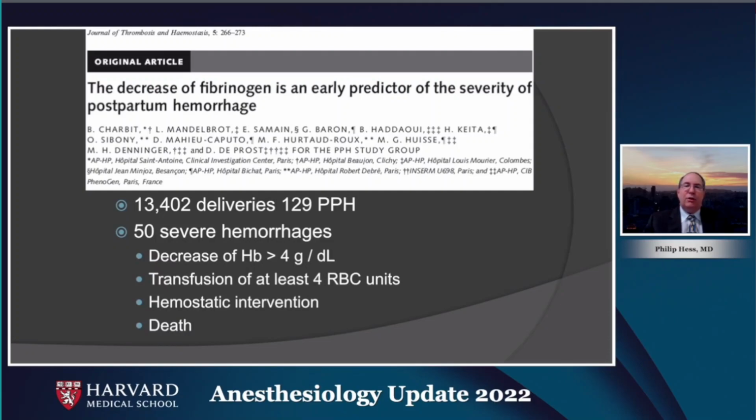And the important part of this study was that labs were drawn at time 0, meaning when they identified that this patient was having a hemorrhage, before they knew what group this patient was in, before they could get a dilutional coagulopathy. They drew labs at the start of the disorder.